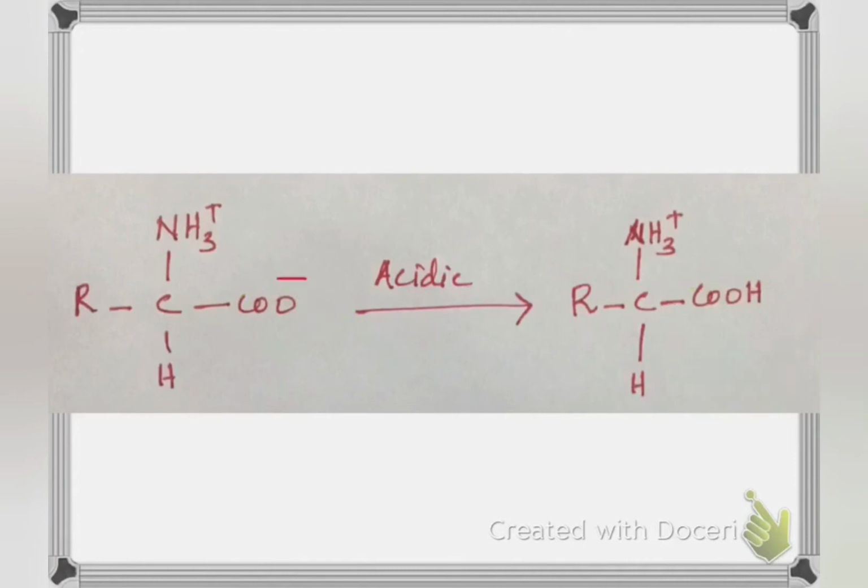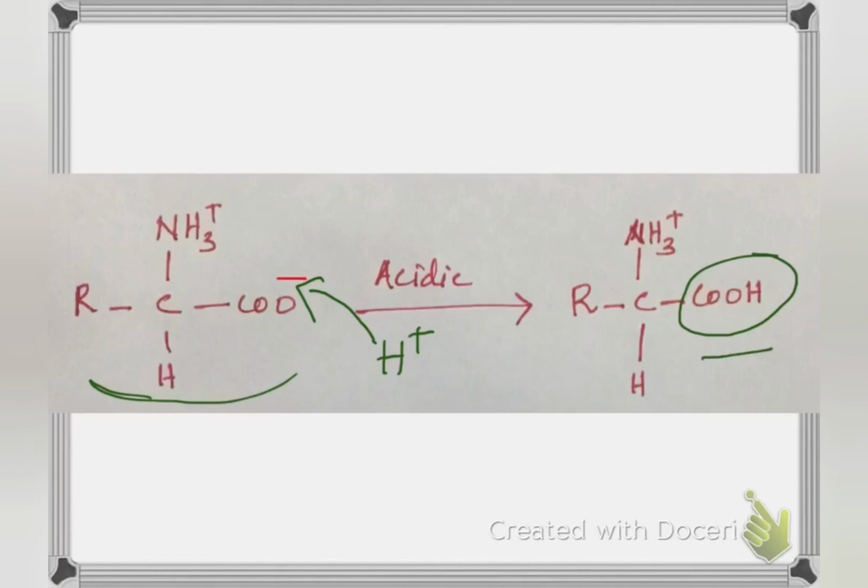I will repeat. In the acidic condition, the H plus concentration is more, so the H plus is taken up by the carboxyl group and the COO minus becomes COOH. So the overall charge becomes positive in this molecule.